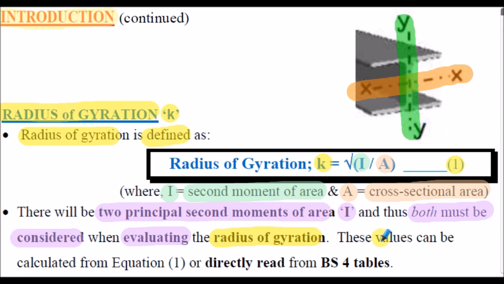So the radius of gyration values can be calculated from equation 1 above, or they can be directly read from appropriate section property tables. And within this presentation, I'll refer to British Standard 4 tables. Please note that the tables used in this presentation are superseded, and obviously if undertaking this analysis in industry, you would need to refer to the currently approved standards.